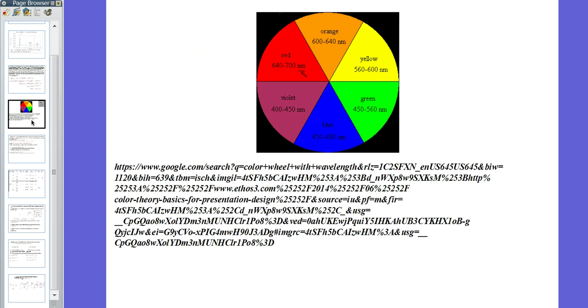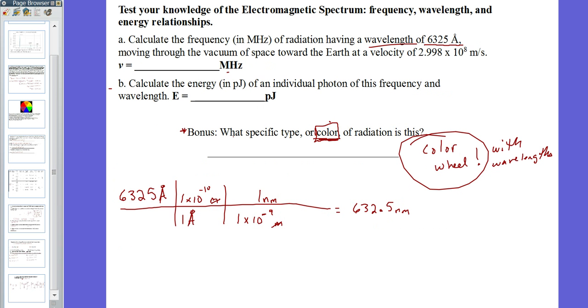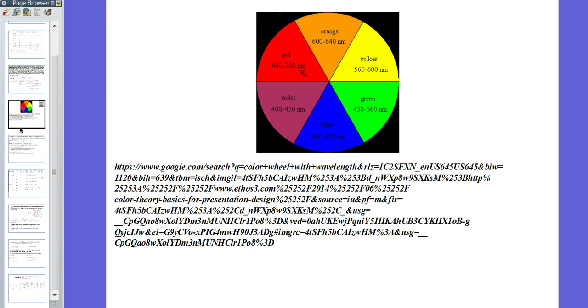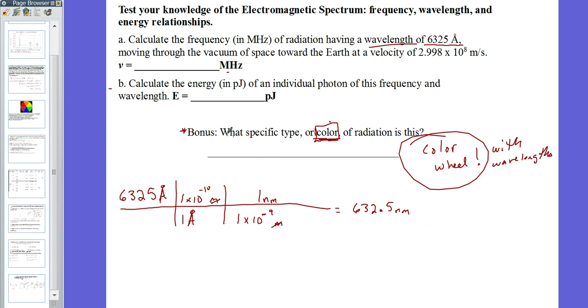So I look at my 632 nanometers, and it looks like it's going to be orange. And you might find a slightly different chart that says that's red or whatever.